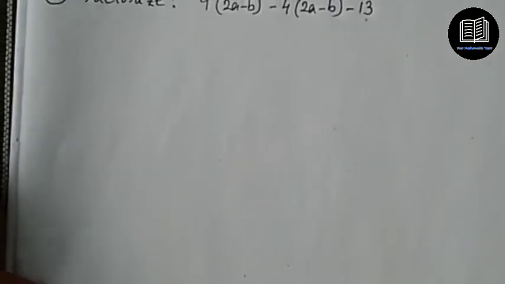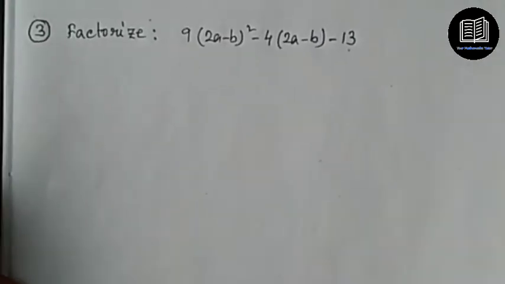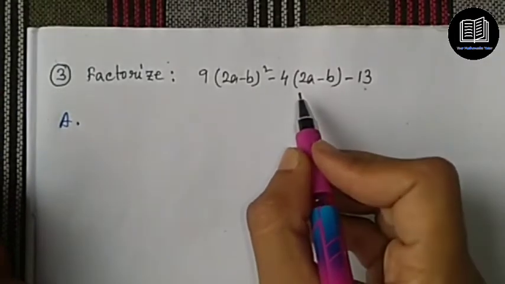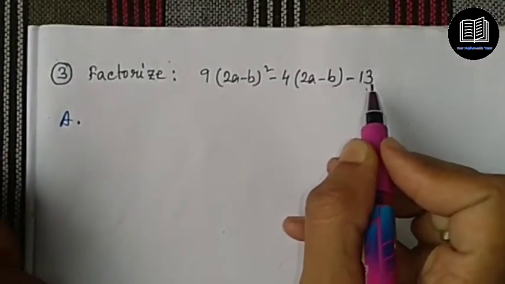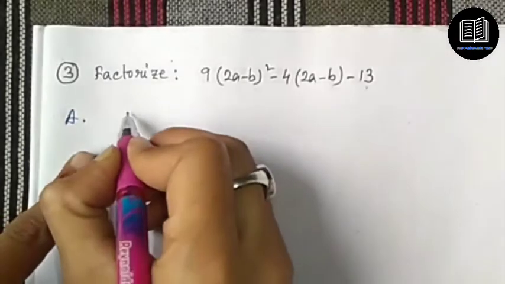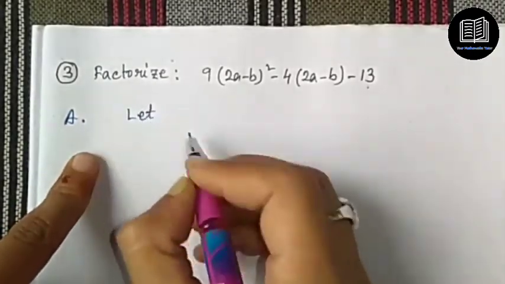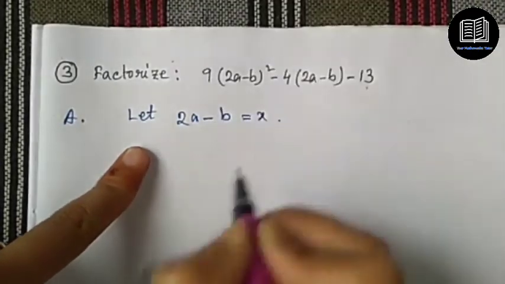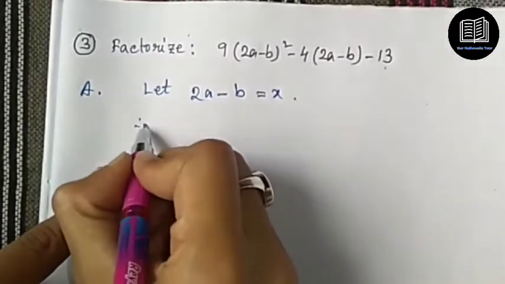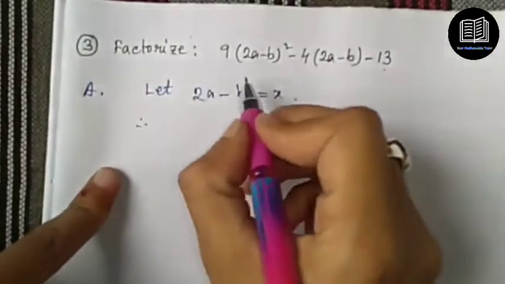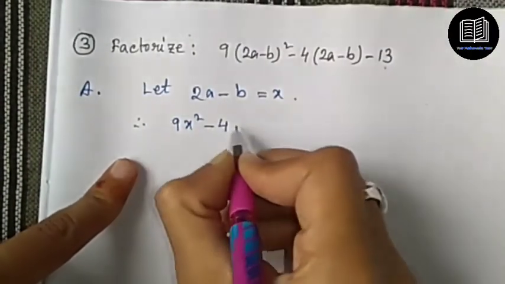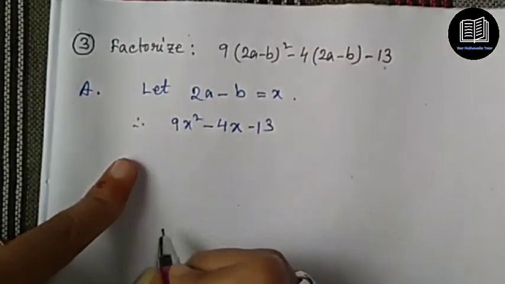Next our question number 3 is factorize 9 into 2a minus b square minus 4 into 2a minus b minus 13. Here we assume 2a minus b as x. Then see, this polynomial becomes 9 into x square minus 4 into x minus 13, right?